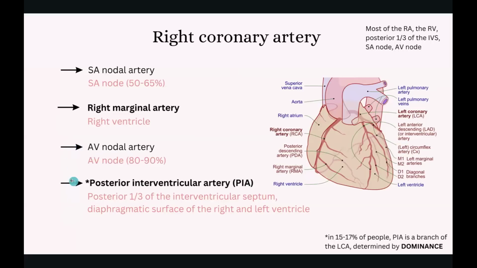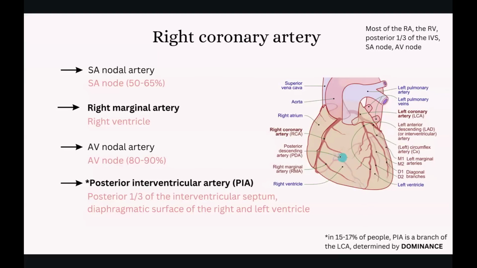Next, you have a very important artery. It's called the posterior interventricular artery, or the posterior descending artery. Now, the name tells you exactly where it is and where you can find it. So it's posterior. The right coronary artery courses posteriorly. You can see this more transparent artery that's going to the back, and that is the posterior descending.